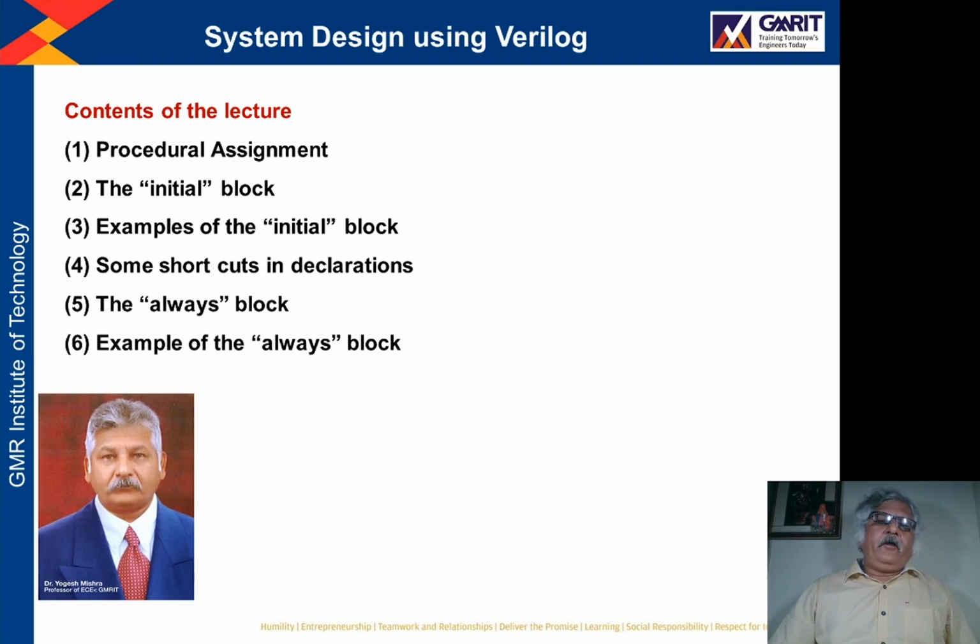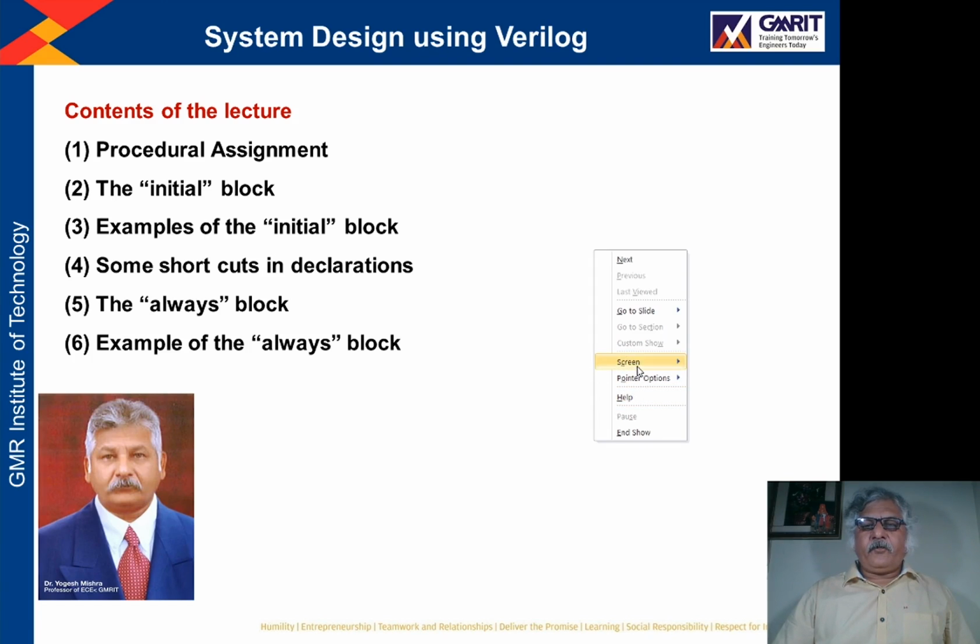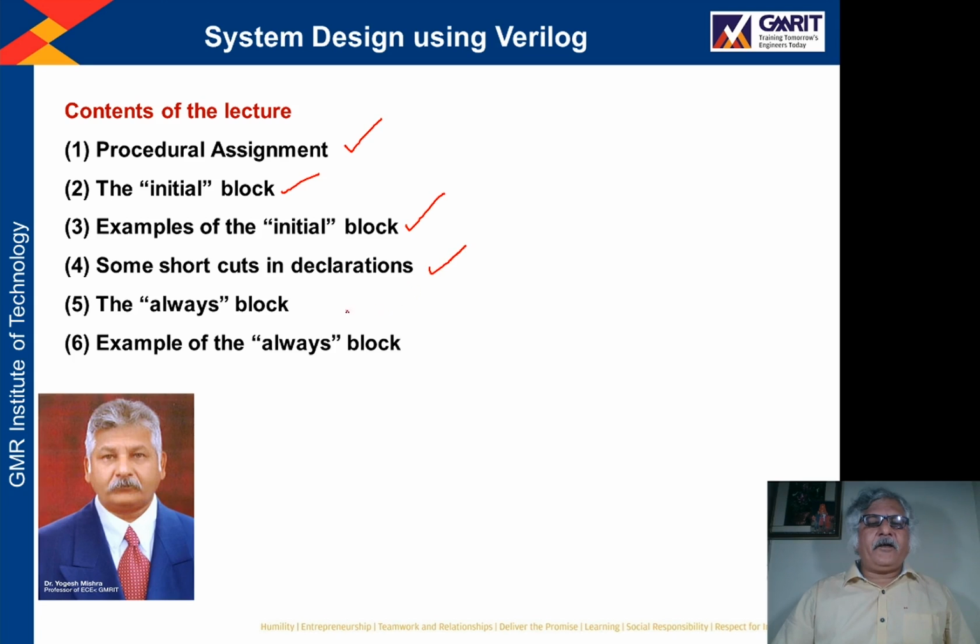Okay, so now in this lecture we will discuss procedural statement, procedural assignment statement, the initial block, examples of initial block, some shortcuts in the declaration, the always block, and examples of always block.